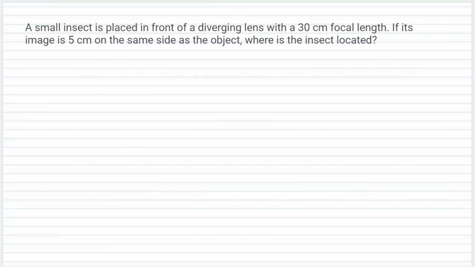So next problem: a small insect is placed in front of a diverging lens with a 30 centimeters focal length. If its image is 5 centimeters on the same side as the object, where is the insect located? So we're given here a diverging lens, so therefore the value of F should be negative.